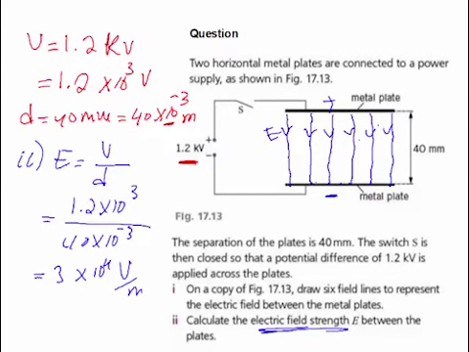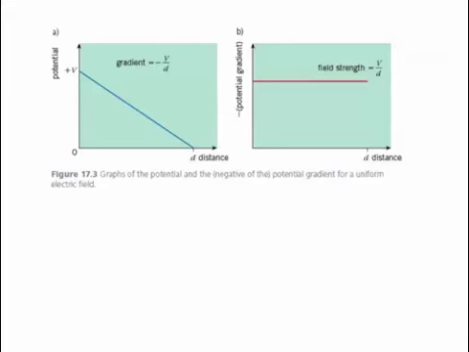Okay, now let's take the graphs of potential and potential gradient. Now this is for a uniform electric field. For a uniform electric field, actually what you have is E equal to V over D, and there is a minus sign here.